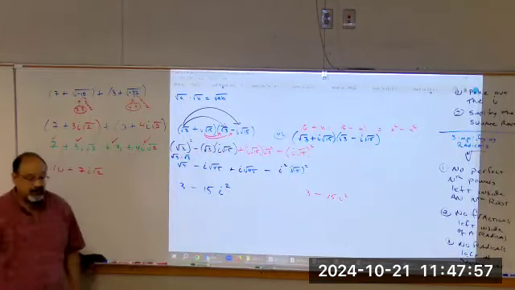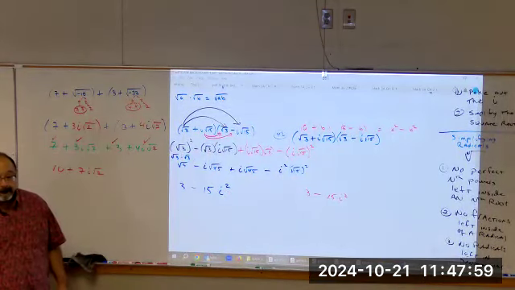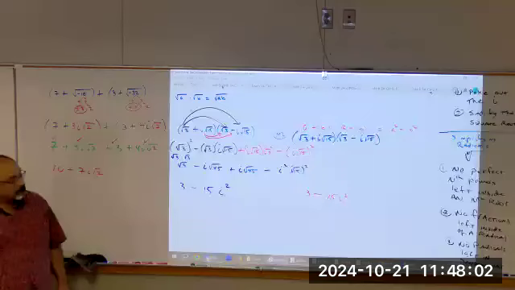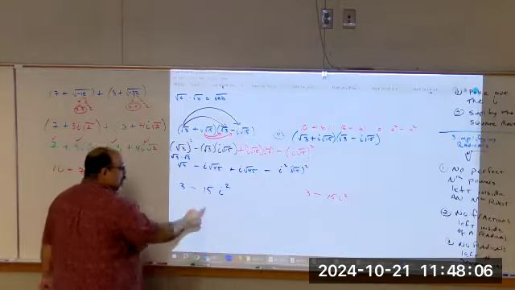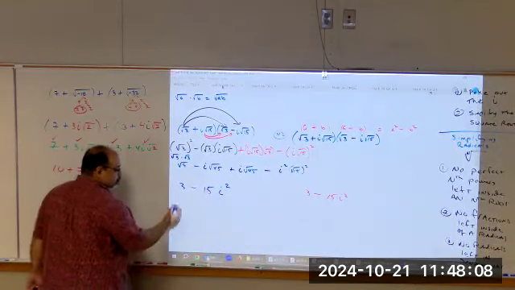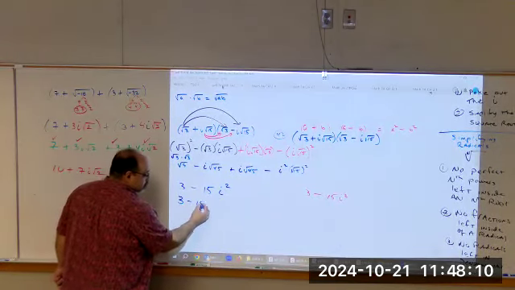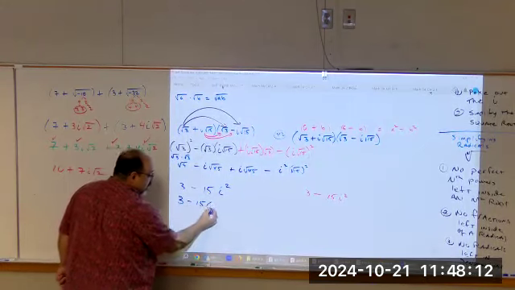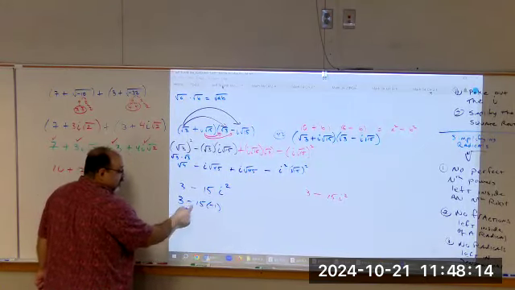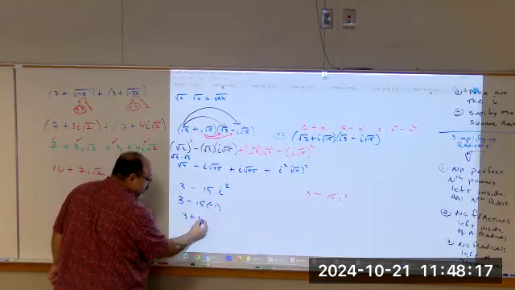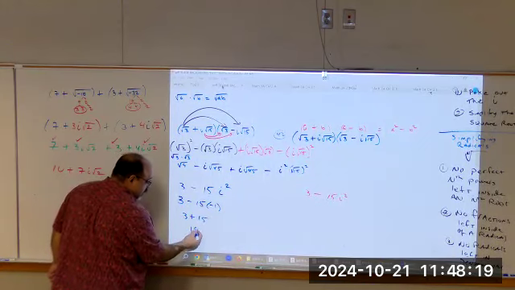So there's my 3 minus 15i squared. What's i squared? It's negative 1. So 3 minus 15 times negative 1. Negative 15 times that becomes 3 plus 15. And that's an answer of 18.